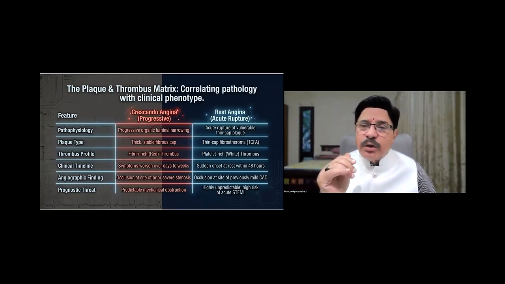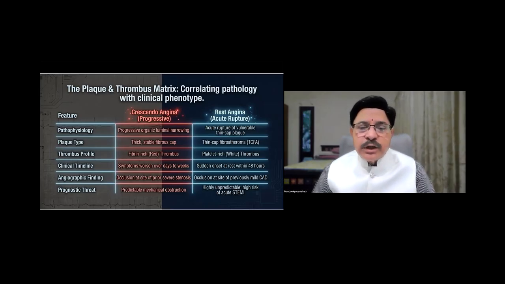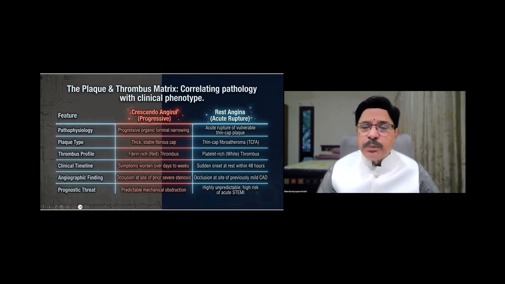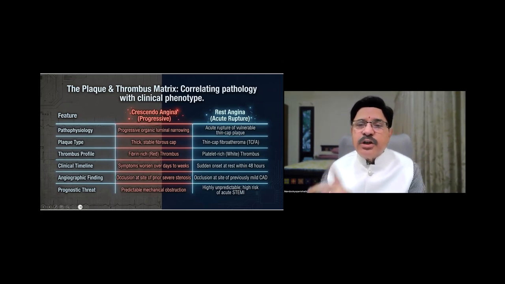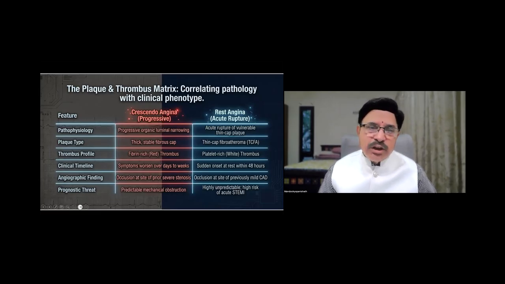Now it got occluded. Why? Because of the rupture. The prognostic threat: predictable mechanical obstruction here. This is unpredictable, with high risk of acute STEMI. An acute rupture can lead on to acute ST segment elevation myocardial infarction. Crescendo angina versus rest angina.